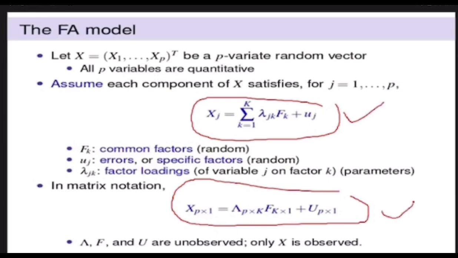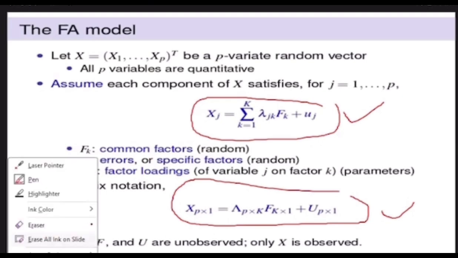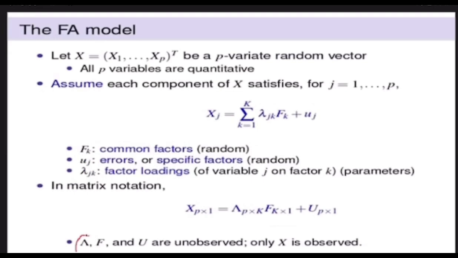And of course, when you take a look at that, in matrix notation, you can see X is p by 1. X p by 1 means I'm just talking about X1, X2 up to Xp, the features. Now, if you take a look at the loading, this and this, they are unobserved.